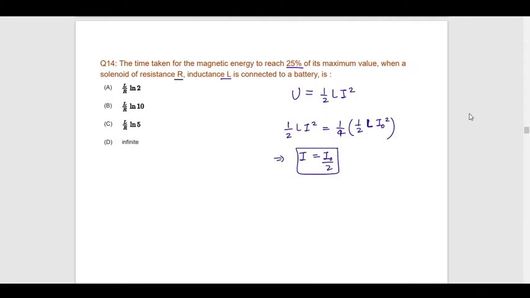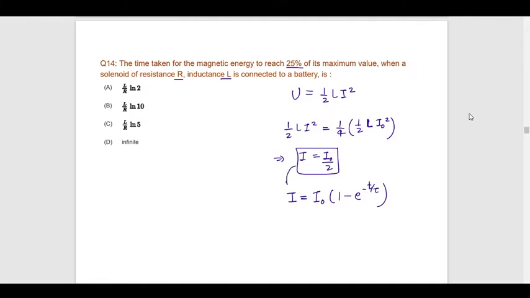Now, during the charging process of a solenoid, charging means the part when the solenoid is experiencing an increment in its current, the equation of current with respect to time is given by this value, right? E divided by R times one minus e to the power minus t over tau. Tau is your time constant.